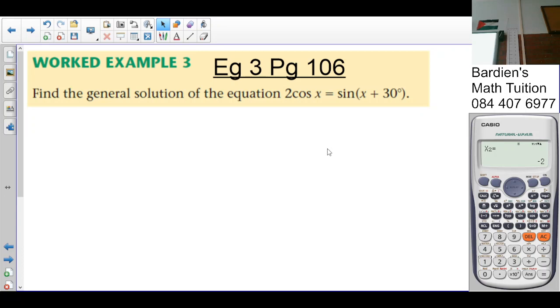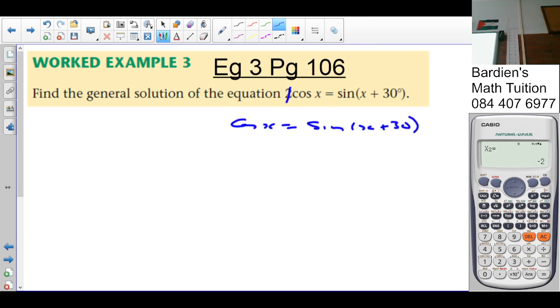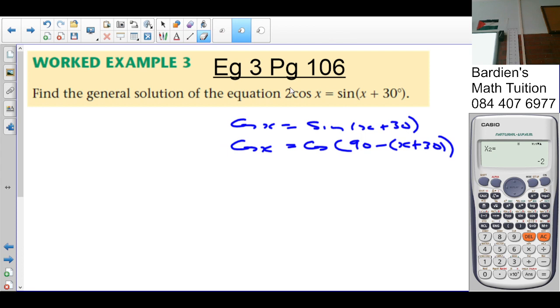If the 2 wasn't here, and you had cos x equals sine of (x plus 30), then I would have changed sine to cos of (90 minus (x plus 30)). Then I would have dropped the cosines. Not so? But can I do that here? No, there's a 2 in front. So nope, not a chance.